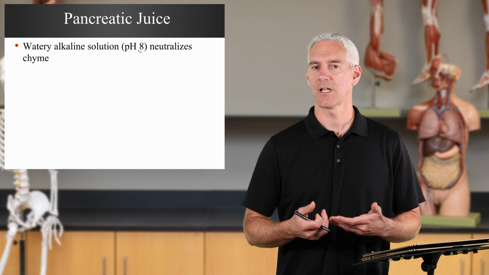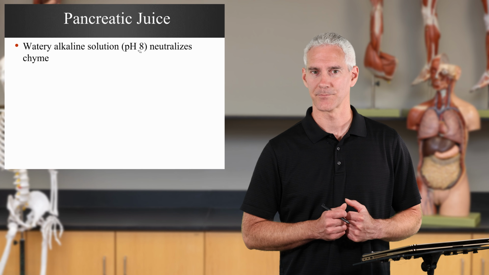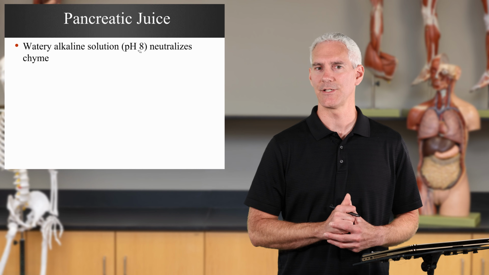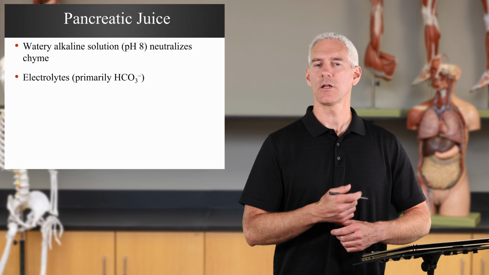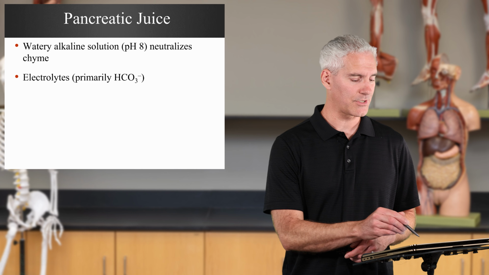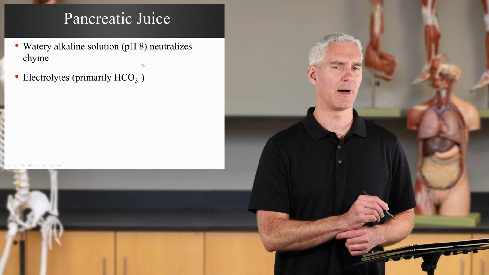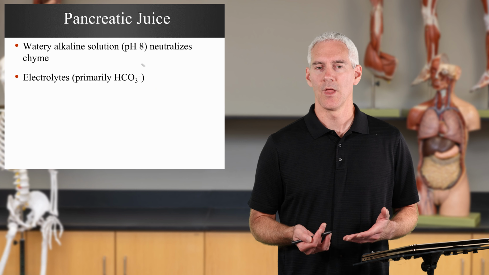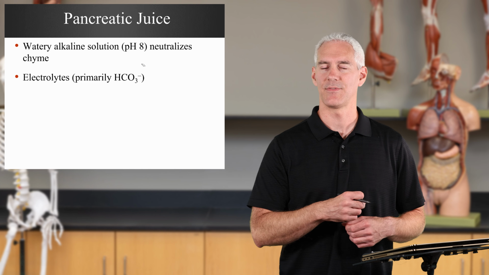Remember, that chyme could be a pH of 2, 3, maybe 4, very acidic. So you're trying to neutralize that to bring it back up to roughly a pH of 7, or somewhere in that ballpark. Now, there are electrolytes in this pancreatic juice, but most of those are HCO3-. What do you remember about HCO3- bicarbonate? It's a buffer. So it's meant to buffer the acidic nature of the chyme.